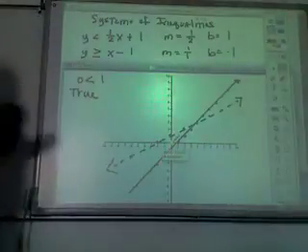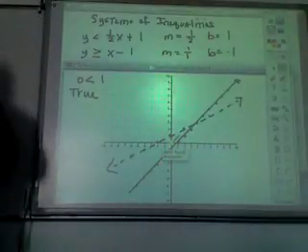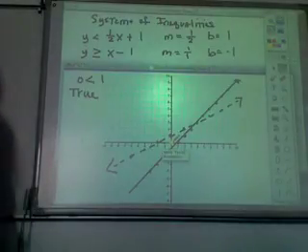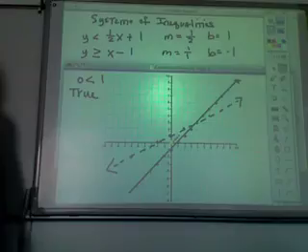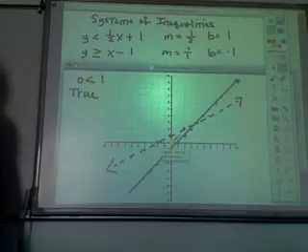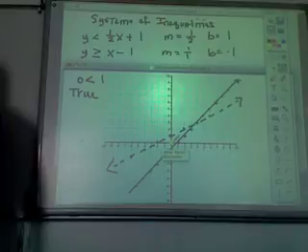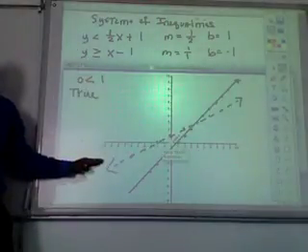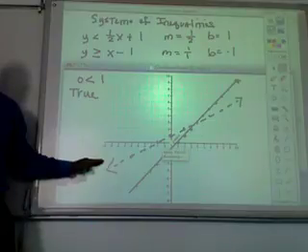It's true for my dotted line, so where should I shade, up or down? What does true say? No, it doesn't say above or below. It says the area where my test point is located. Where is my test point located in reference to my dotted line? Below. So I don't shade above.